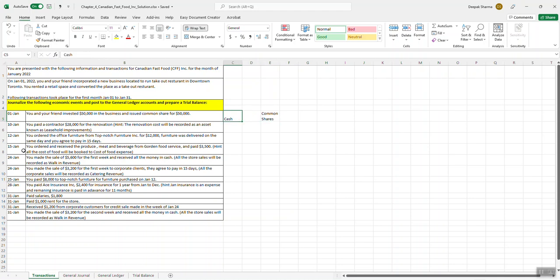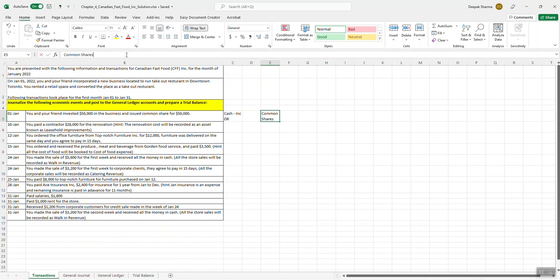In this case, you and your friend invested money in the business. You always look at the impact from the perspective of the business. So the cash increased. If cash increased, that means an asset increased, so what do we do? We debit.